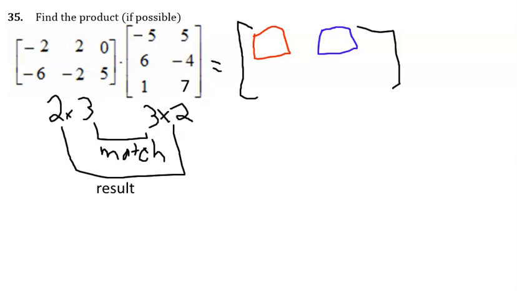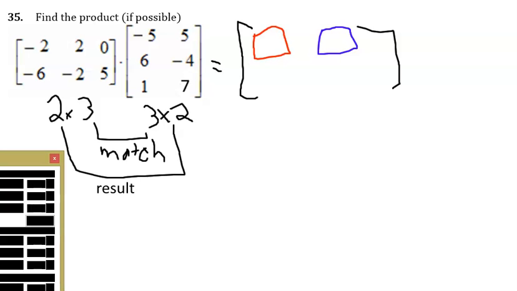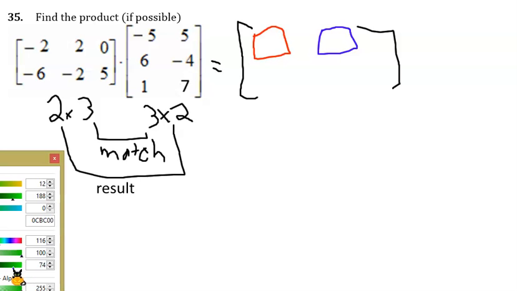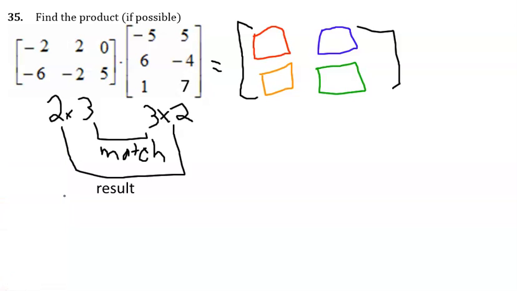And then let's do a green for this one. And then an orange for that one. Okay, so from there we want to find each of these 4 elements.